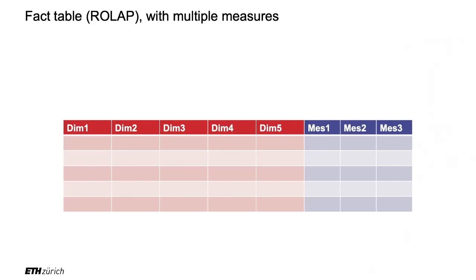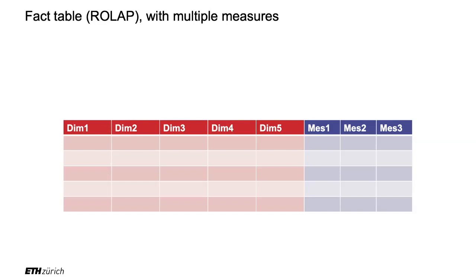Well, for example, you could measure revenue, profit, cash flow, and so on, but on the same dimensions. So you could have as dimensions the country, the subdivision of the company, and so on. And for every combination of dimensions, you have the revenue, the profit, and so on.